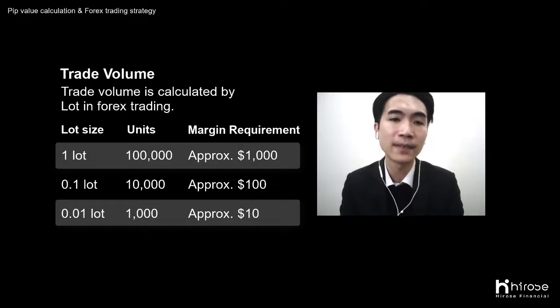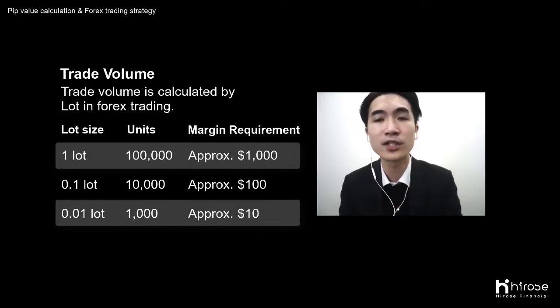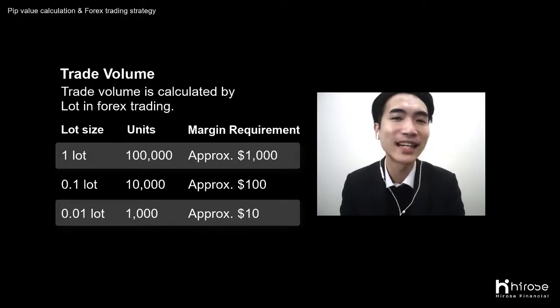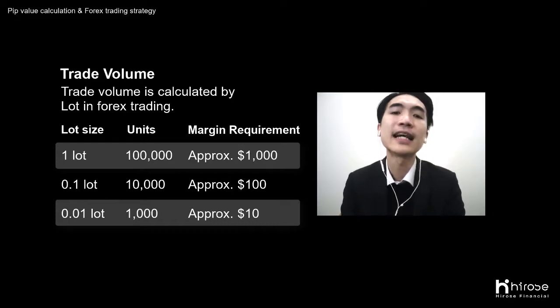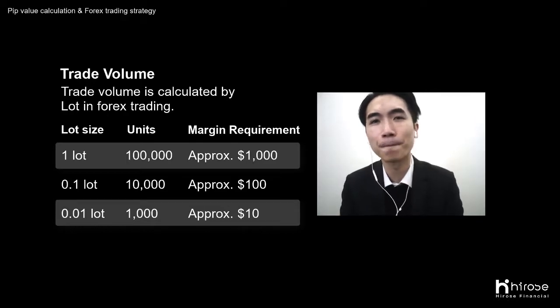We do have a mini lot, which is 0.1 standard lot, that is 10,000 units, and the margin requirement is roughly $100. And we have an even smaller one, a micro lot, which is 0.01 standard lot, that is 1,000 units. The margin requirement is roughly $10.